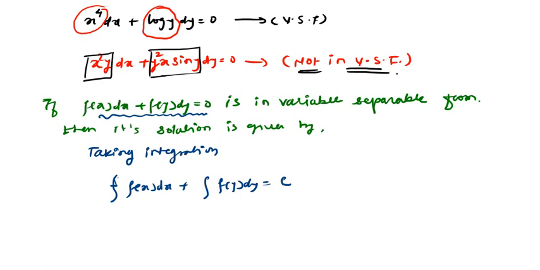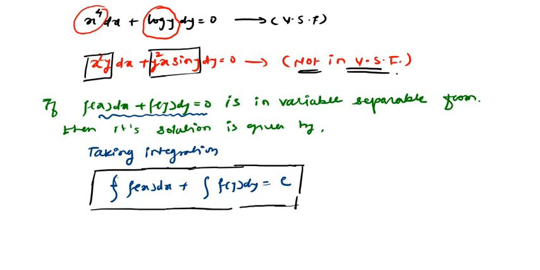This is how we can find the solution of the differential equation if it is in variable separable form. For example, if we have x square dx plus y cube dy equal to 0 as our differential equation, the question is whether this is in variable separable form.